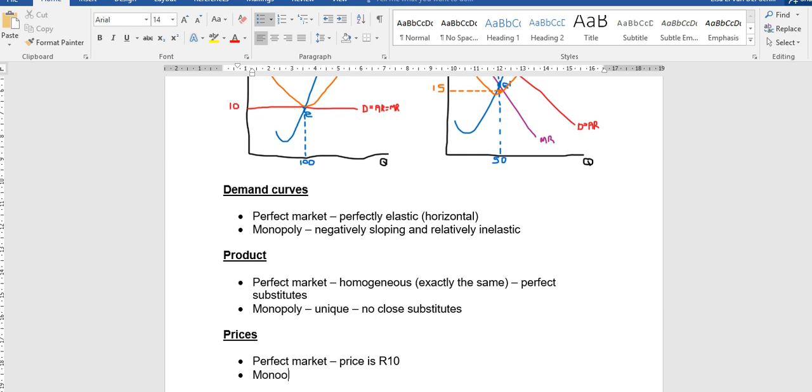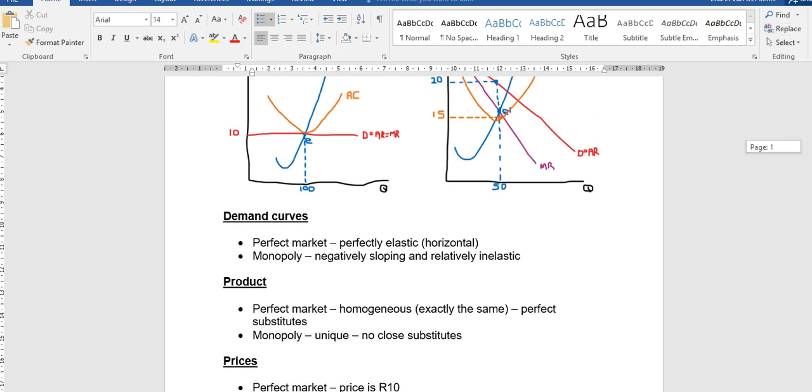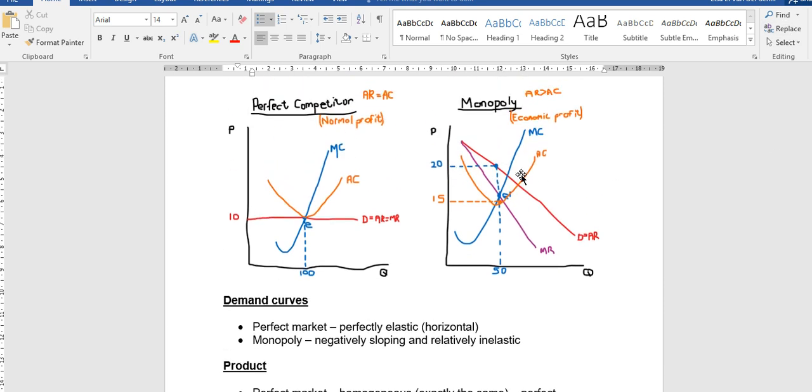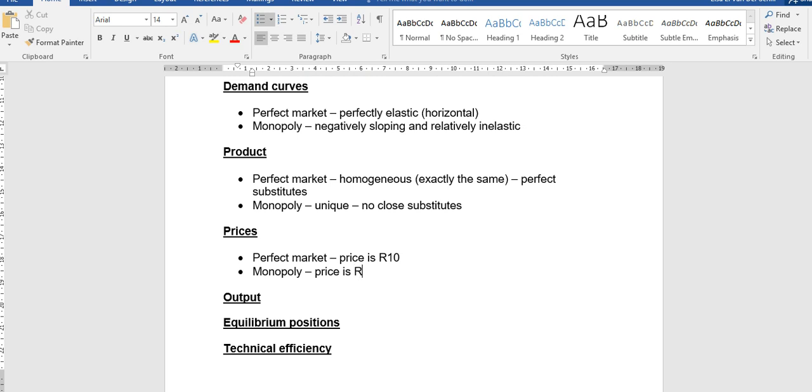For the monopoly, same thing. We're going to say that profits are maximized where marginal cost and marginal revenue are equal. There's my marginal cost, there's my marginal revenue, there's my equilibrium point. Remember, we find the price on the demand curve. So up, up, up. My price for the monopoly is 20 Rand.